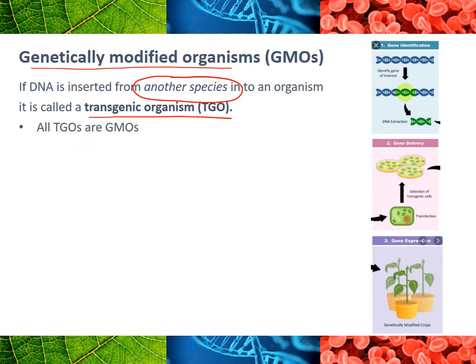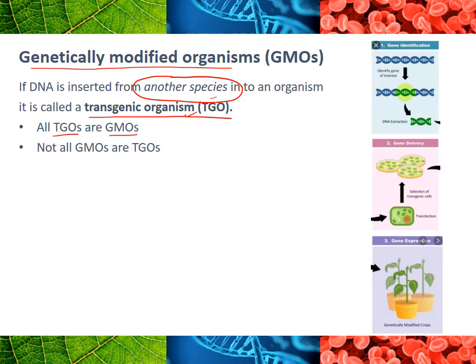So all transgenic organisms are also genetically modified organisms. A genetically modified organism is any organism that's had its DNA altered. So a TGO has had its DNA altered, so it's a GMO, and it's been altered by a different species, so therefore it's a TGO.